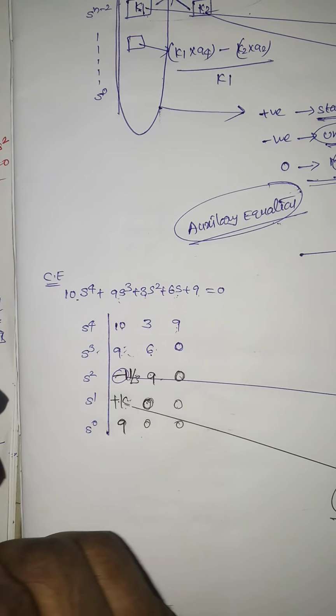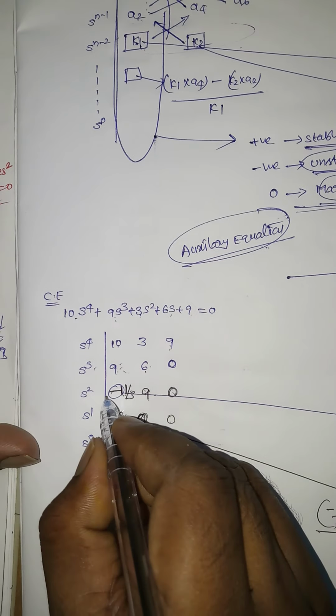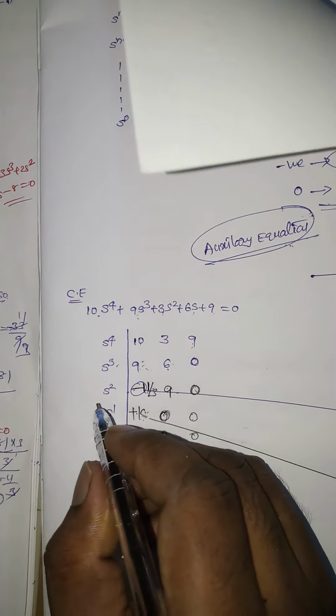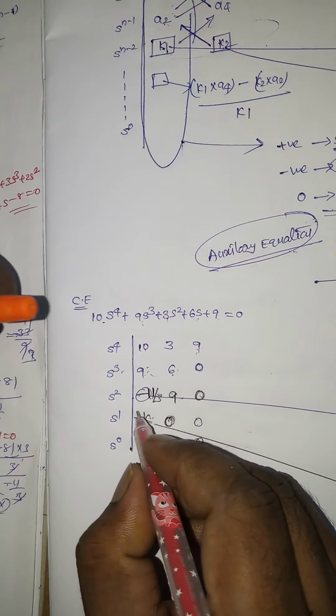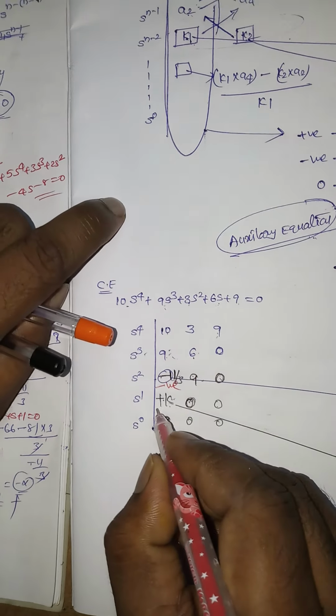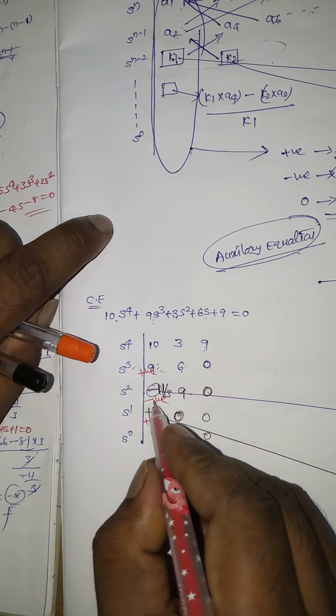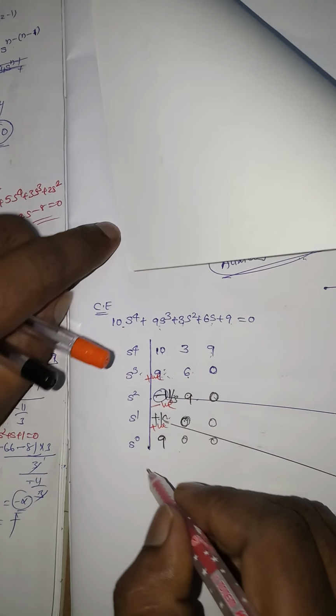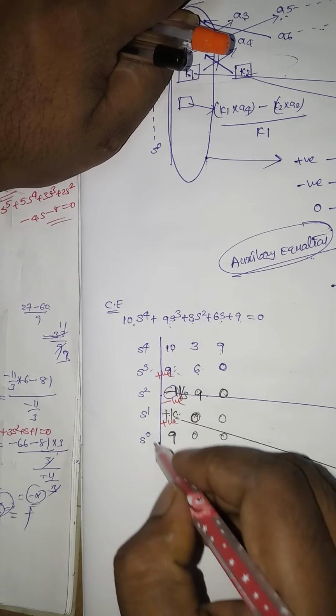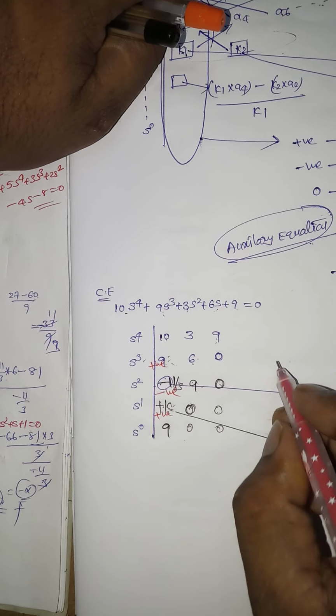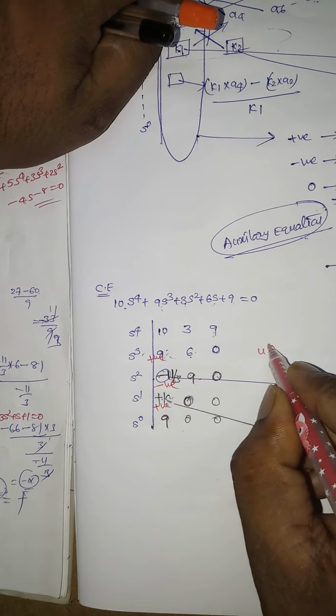Here there is a negative sign, and here it is positive. Since a negative element is present in the first column of the Routh array, the system is said to be an unstable system.